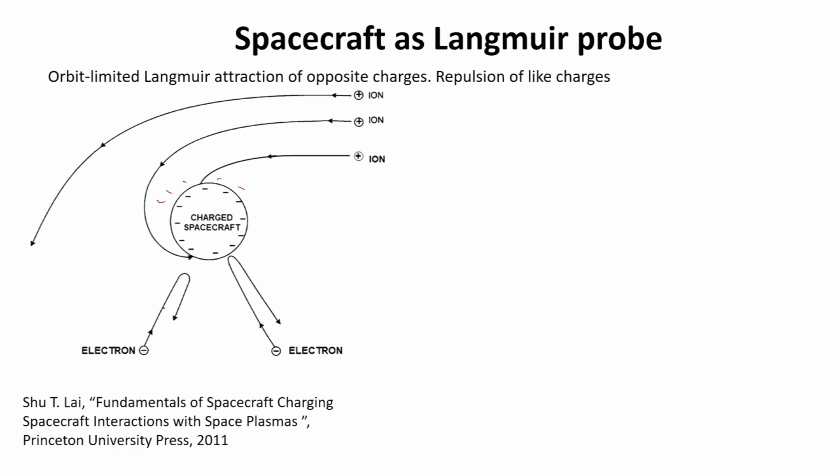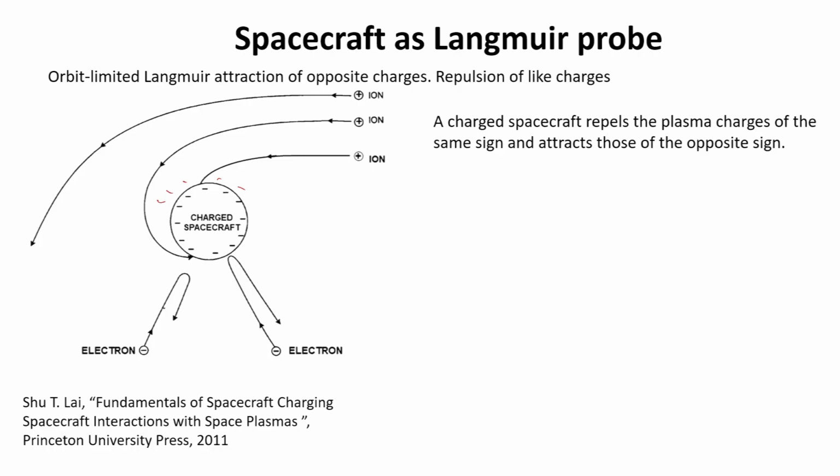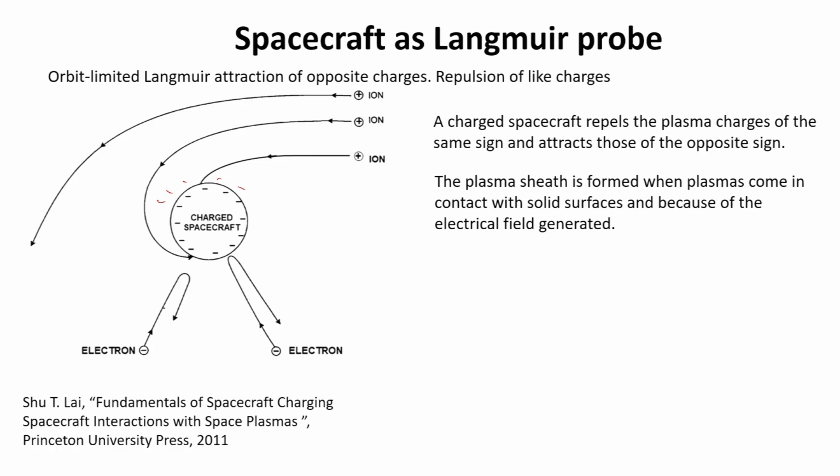Now we will see a little about how this works. As I said, a charged particle repels plasma charges of the same sign and attracts those of the opposite sign. Already we discussed the plasma sheath. The environment surrounding this spacecraft is non-neutral, and that non-neutrality continues up to some length, which is called the Debye length.